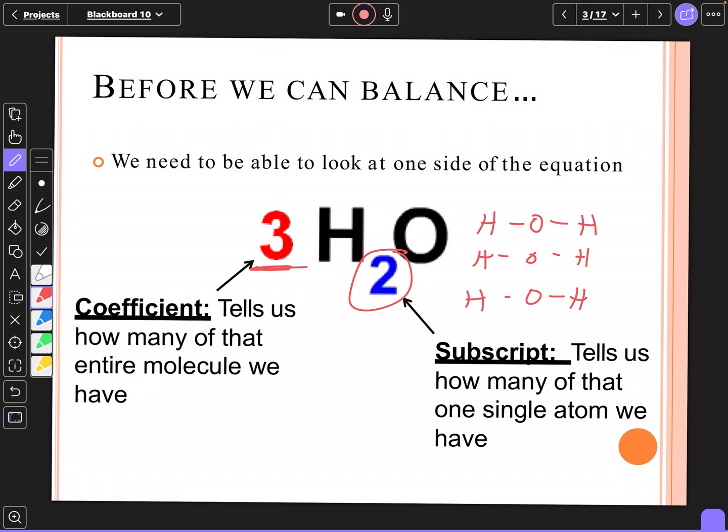So in 1 molecule of water, I would have 2 atoms of hydrogen and 1 atom of oxygen, but in 3 molecules of water, I would have a total of 6 hydrogens and 3 oxygens. People also sometimes draw this in shorthand, like that's an oxygen bonded to two hydrogens right there.